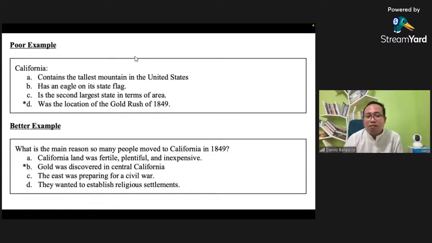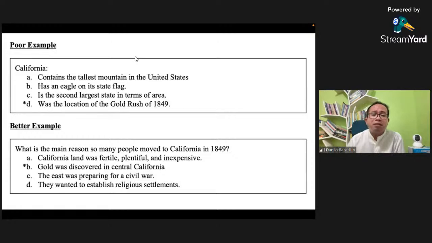I'd be confused. If I don't exactly know what to do, then I'd not be able to choose the right answer. How would I be able to choose letter D when I'm not even told what to do with the stem? So that's exactly what I'm trying to talk about this time: in writing the stem, it has to be very clear about what the student would have to do or what sort of inference the student would be able to make upon reading the stem.